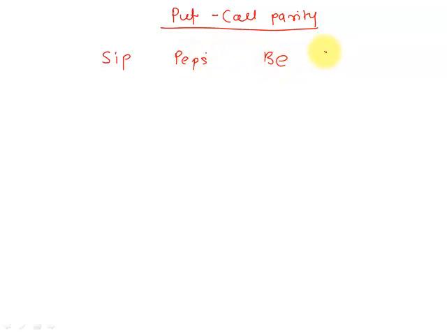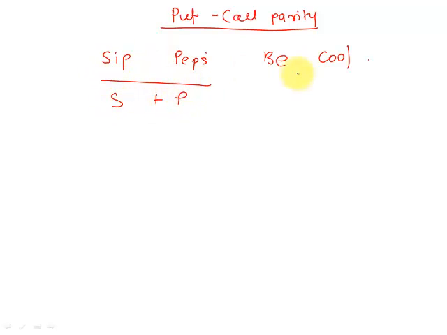At level 1, we came across a concept called put-call parity. And then we had an easy technique to remember it. Does anyone remember? Yes. Sip Pepsi, be cool. So we said that we have two sets of portfolios.